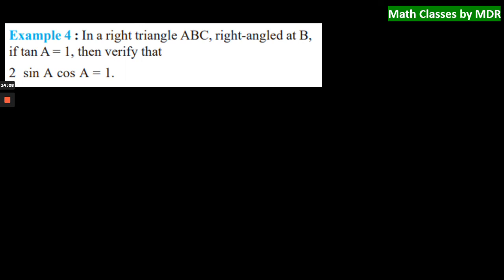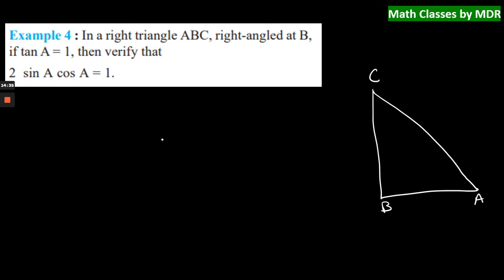In a right angle triangle ABC, right angle at B, if tan A is equal to 1, then verify that 2 sin A cos A is equal to 1. Pause for 1 minute and try to answer this. Okay, now let me answer this.